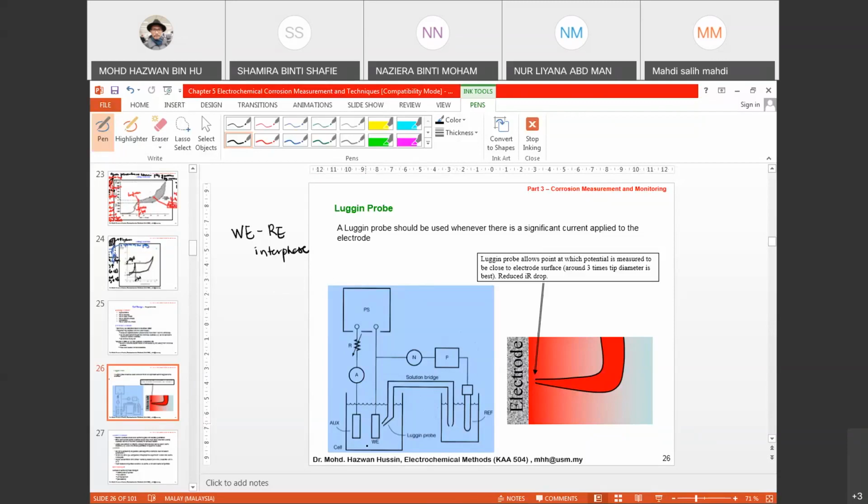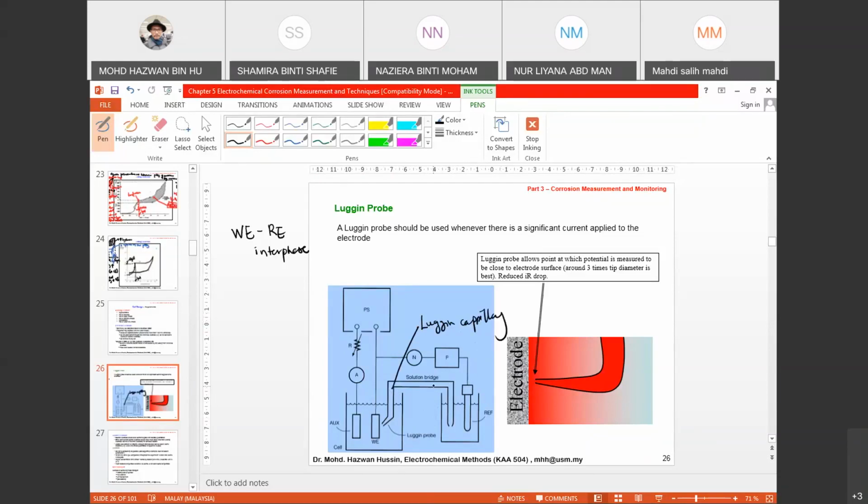But when you look at this diagram, you will see that the reference electrode is placed in another container and connected with a solution bridge. And this bridge is known as the Luggin capillary.